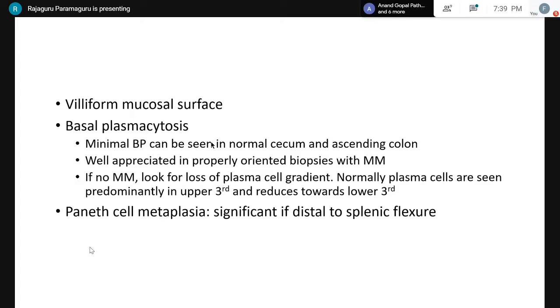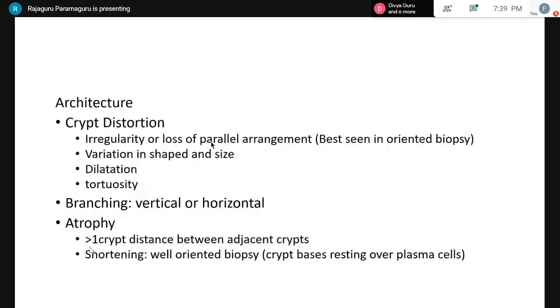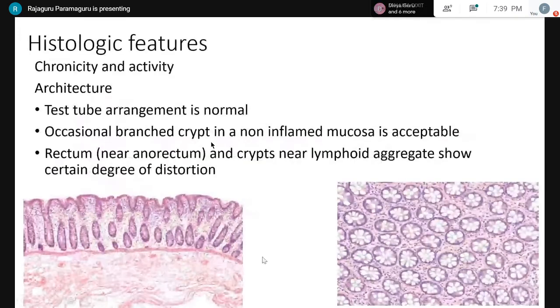And if you do not find the muscularis mucosae like what you see here, and instead you see a tangential cut, you can also appreciate what is called the plasma cell gradient. So usually what you see here, the bluishness gradually decreases from the top to bottom. This is called plasma cell gradient, where the plasma cells usually occupy the upper third of the mucosa, and it is more dense there, and gradually when it reaches the base, it is reduced.